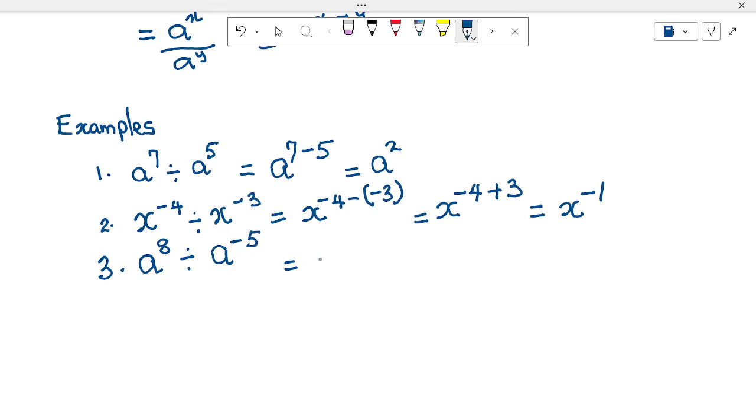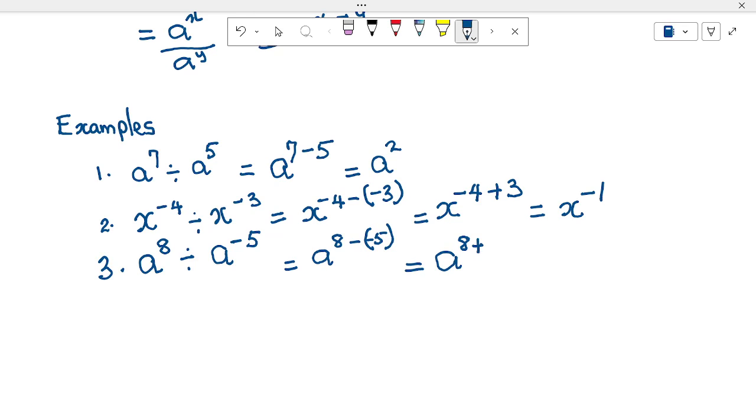Let's do this. Can you do it now? You have a raised to power 8 minus, in brackets, minus 5. Don't forget it's minus here. Don't forget what I told you: when you open the bracket, minus and minus change to a positive sign.